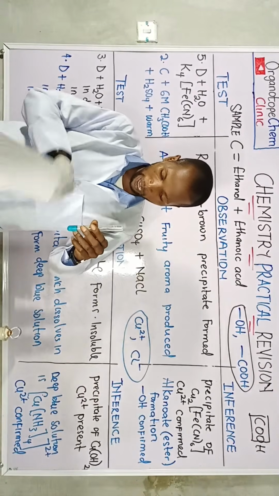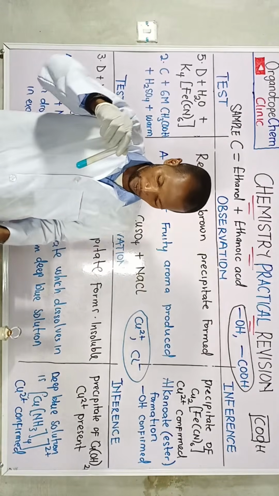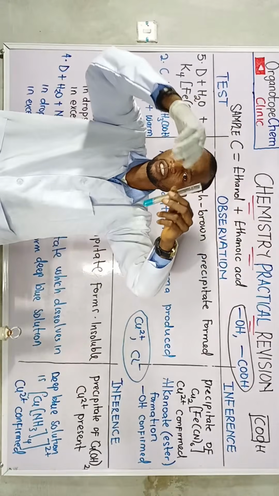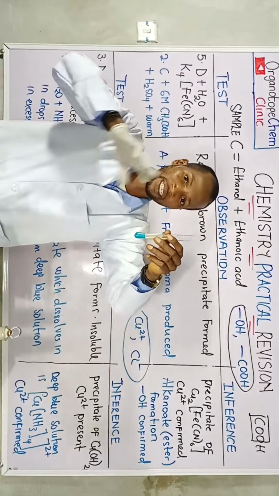But now I'm going to correct something about this. Add silver nitrate. The reason why we are adding silver nitrate is that in this test we are testing for chloride ion.